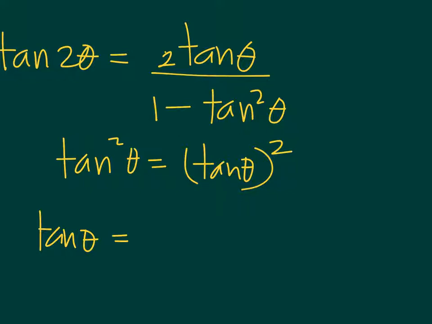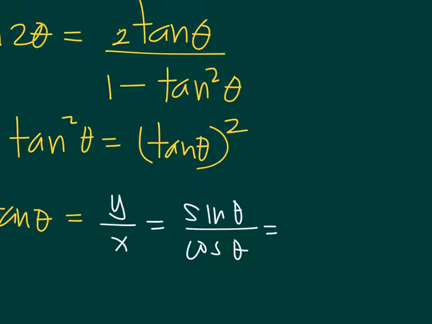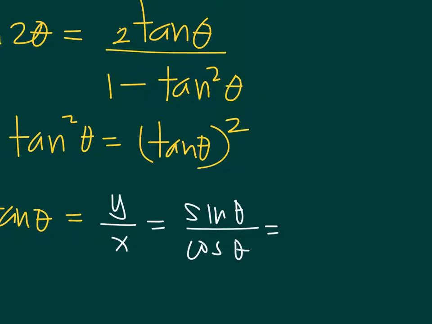Try naman natin yung ibang way. In terms of sine and cosine, tangent is, diba, aside from y over x, meron pang iba. Sine over cosine. Kasi meron na tayong sine and cosine. Lalagay mo na lang. So, sine of theta ay negative 3 over 5 and then cosine ay negative 4 over 5.